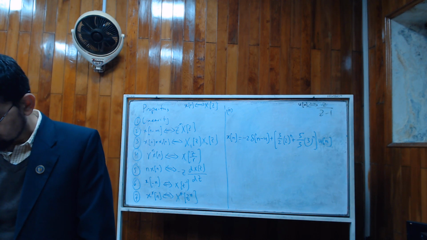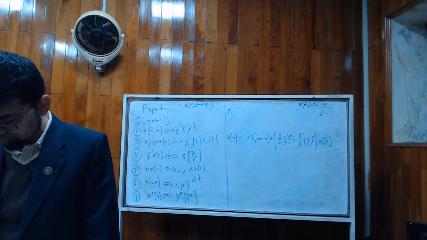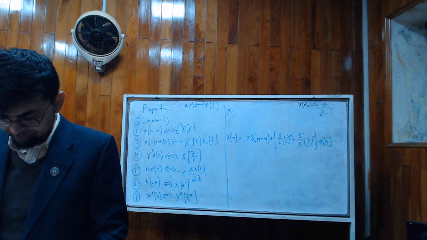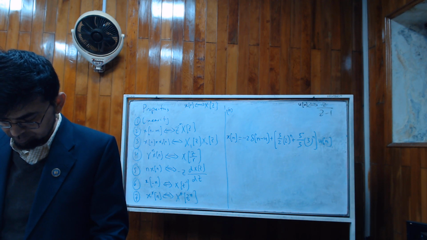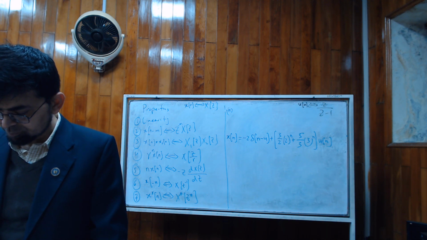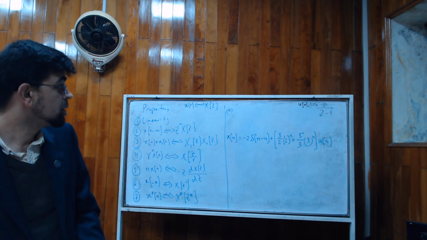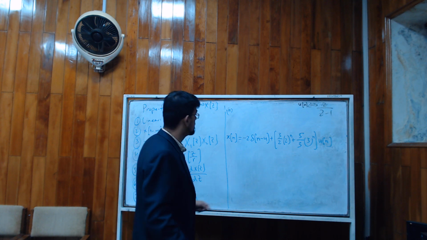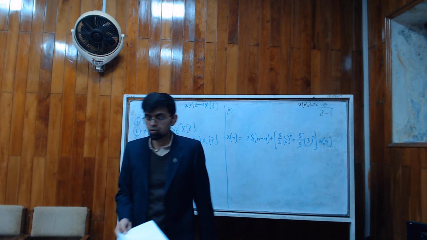-2 डेल्टा n minus 4, -2, 3 over 2 to the n, 3 over 2 z of n. लिखा क्या हुआ?